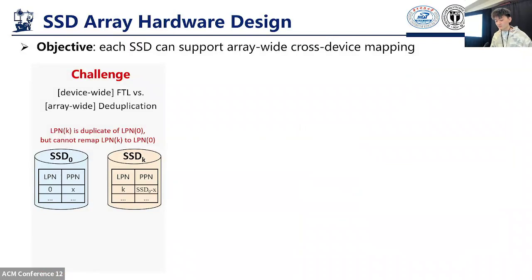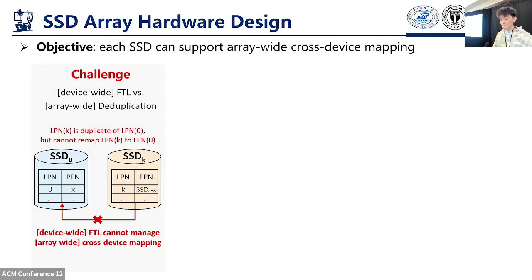Specifically, the traditional device-wide SSD FTL cannot manage array-wide cross-device mapping, as shown in the left figure. Even if LPNK is a duplicate of LPN0, it is in SSDK and cannot map to PPNX in SSD0.